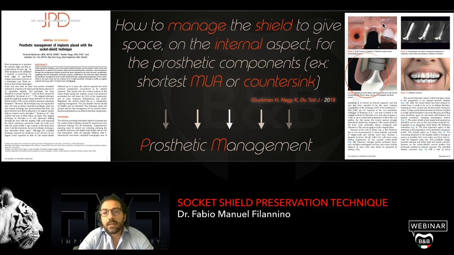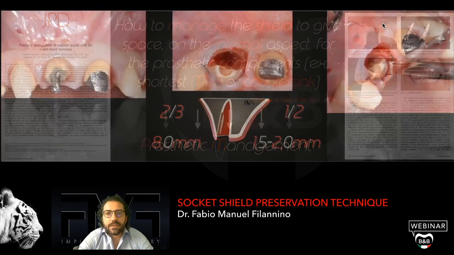Another trick is to use a multi-unit abutment and try to see if they fit well. If they fit well, it means that we have enough space, or we control by eye to see if we really have the space we need to insert our prosthesis.